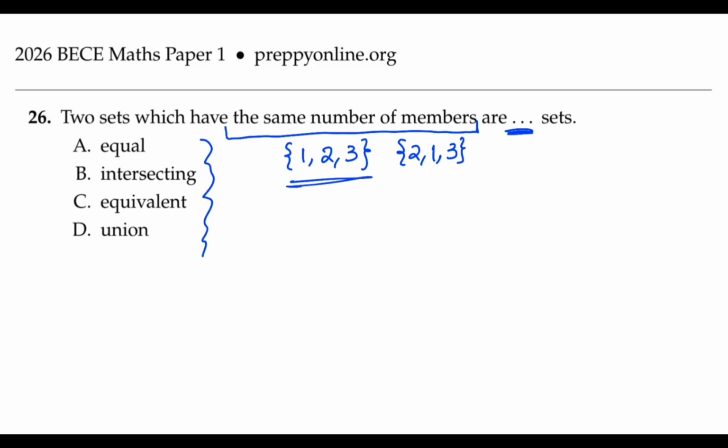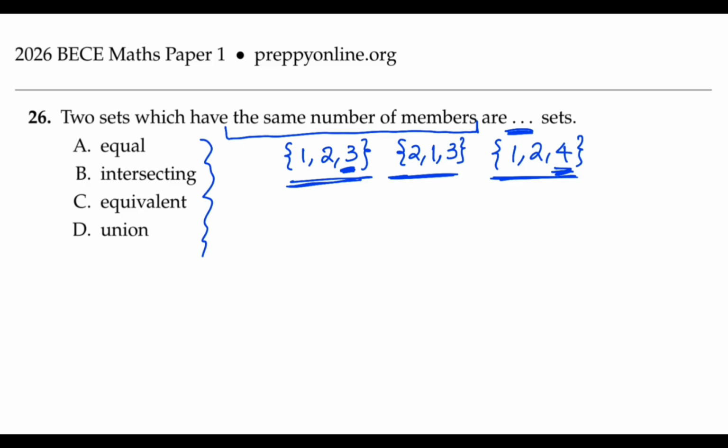So this set is equal to this set, but it's not equal to the set, let's say 1, 2, 4. 1, 2, 3 is not the same as 1, 2, 4, of course, because this 4 is different from this 3. So they all have the same number of members, but they are not equal.